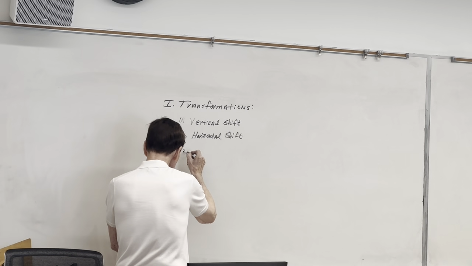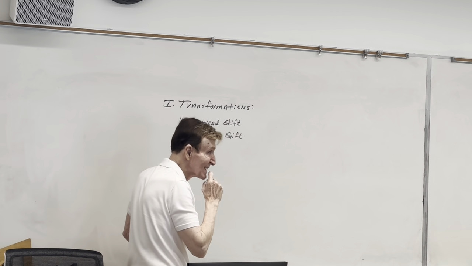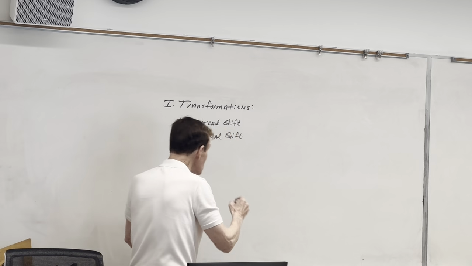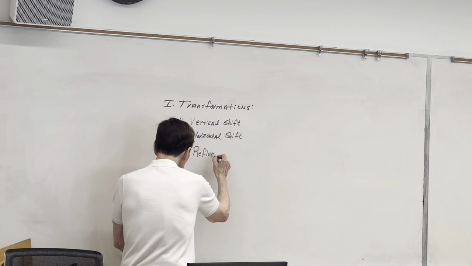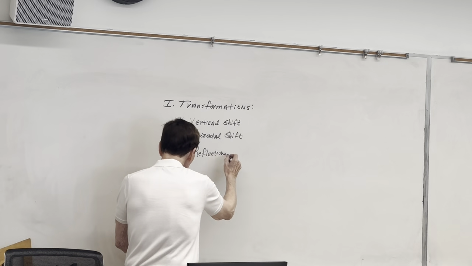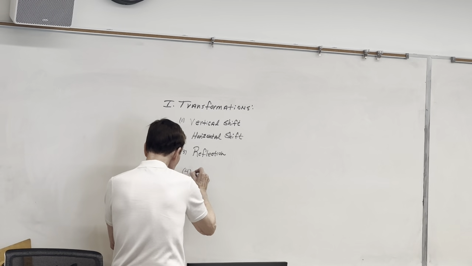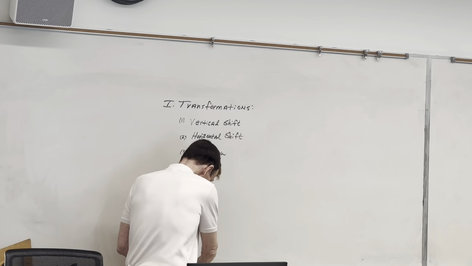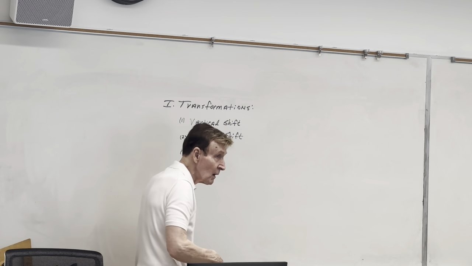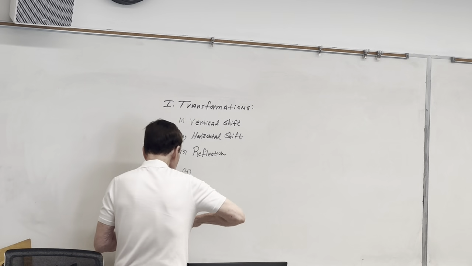Number three, another type of transformation mentioned on the handout. Reflection. Okay, number four, what else was mentioned? Or was there anything else mentioned? Horizontal stretching and shrinking. There you go.